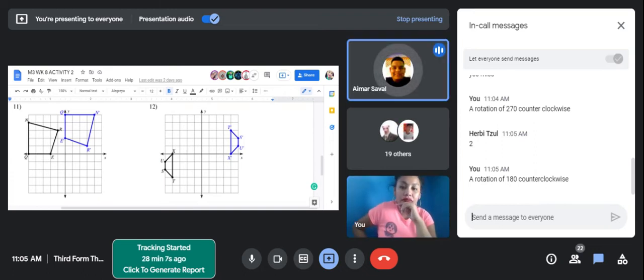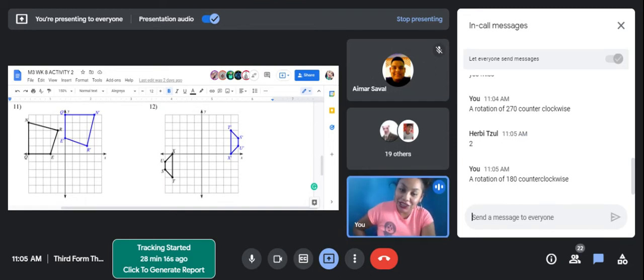What I'm putting in the chat, that's the answer because this question only asks you guys for a description. So you look at the diagram and you see what kind of rotation happened. So we're basically doing the opposite. Instead of them giving you what to do, they already did it and they're telling you, now tell me what happened here.